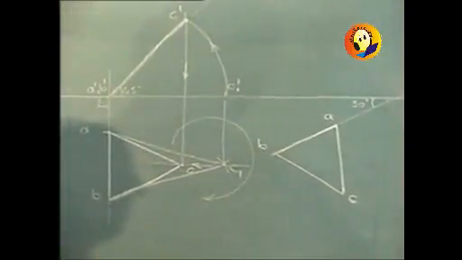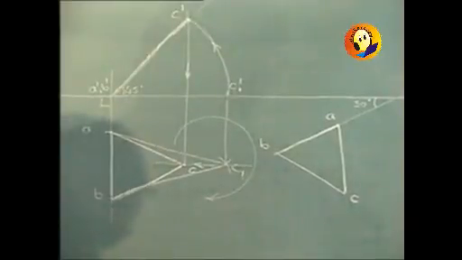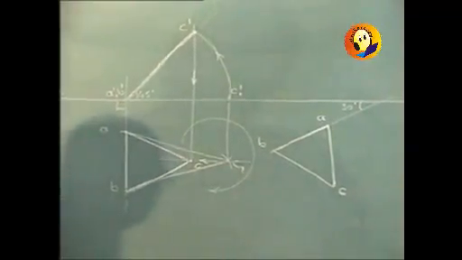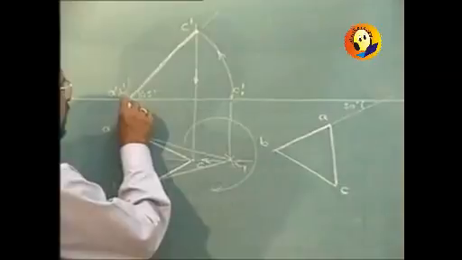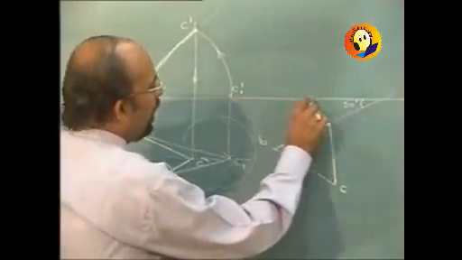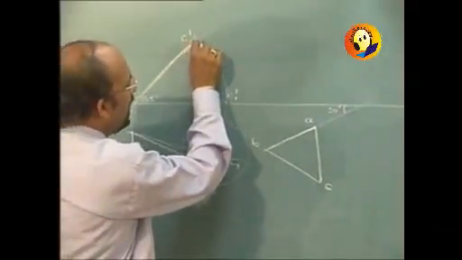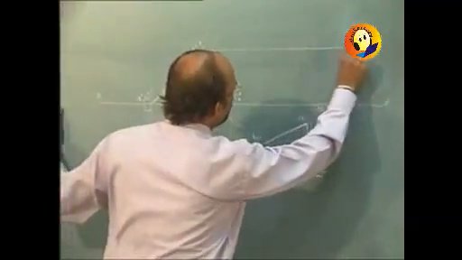Line AB should make 30 degrees with VP. Again the same rule, rotation of one view is movement parallel to XY in the other. So A dash, B dash will move parallel to XY, as well as C dash will also move parallel to XY.